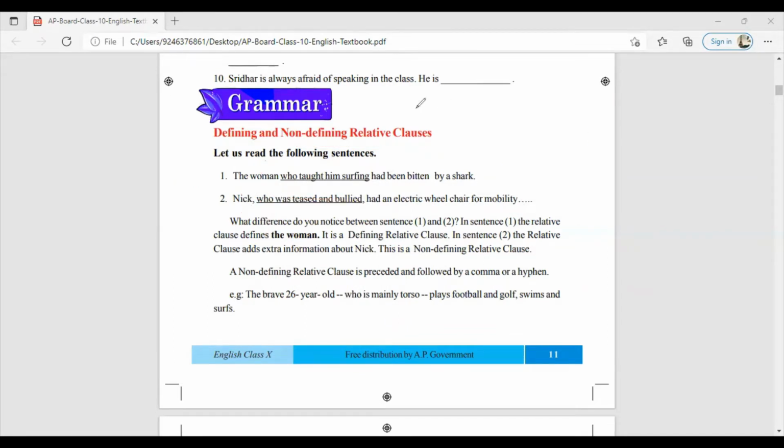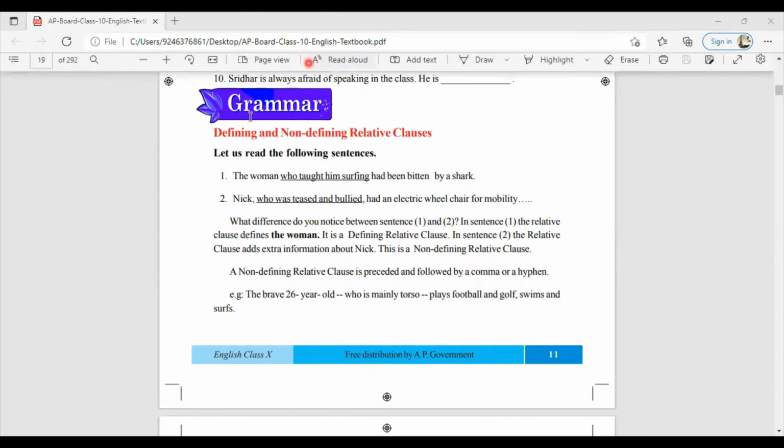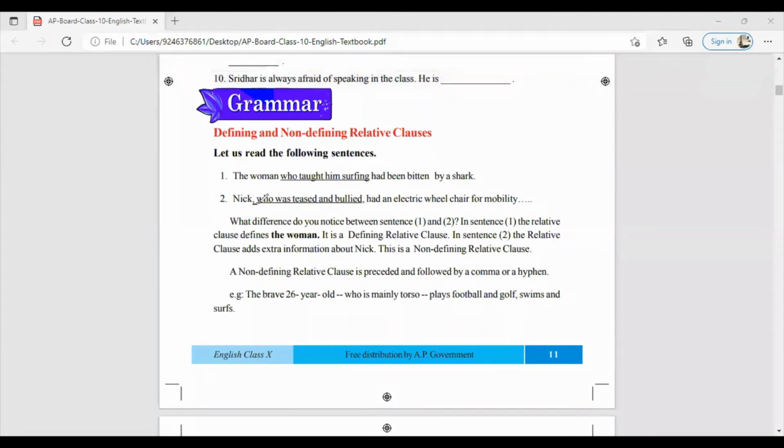That is the non-defining clause. Clear? A non-defining clause is preceded and followed by a comma or hyphen. This is extra information. I am preceding it by a comma and succeeding it by a comma. Without this also the sentence meaning exists.